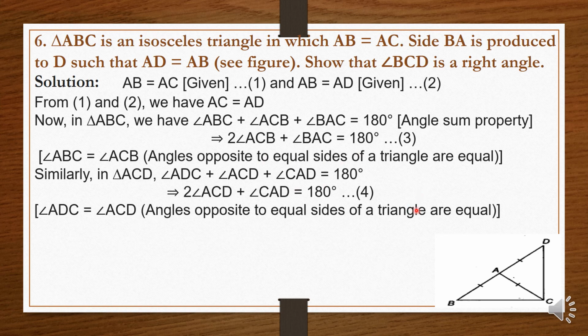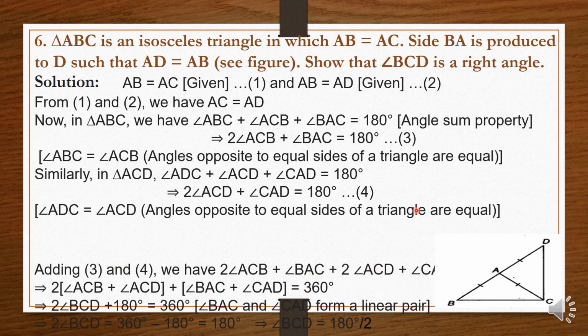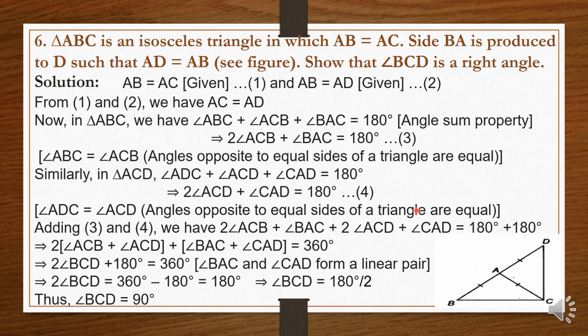After marking them as equations 3 and 4, let us now add them. If we add the left hand sides, we will get twice of angle ABC plus twice of angle ACB plus angle BAC plus twice of angle ACD plus angle CAD is equal to, on the right hand side, 180 plus 180.